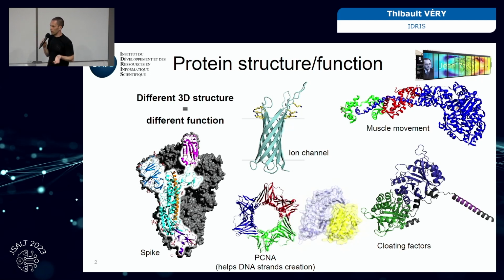At the end, it's taken into account, but there are some problems. That's why saying that AlphaFold solved the problem completely is quite wrong, because we still have some bias. We do not have a complete view of the landscape of the protein structure.